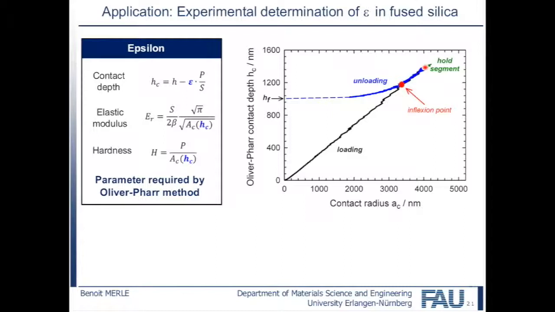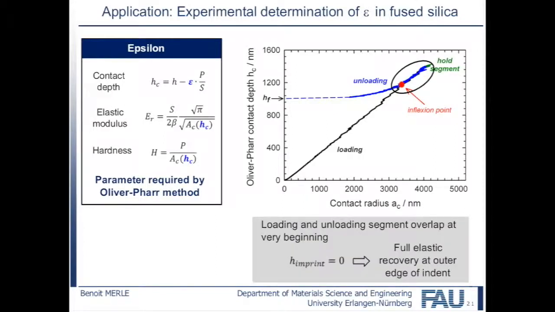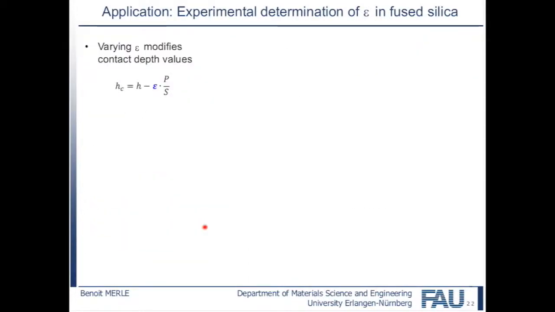This is due to the fact that fused silica is an extremely elastic material, and the material at the outskirts of the indenter is purely elastically deformed, so that the surface reforms at its original height after the end of the unloading. Of course, this diagram was calculated with the literature value of 0.75, and you might wonder what happens if we use another value. This we have done.